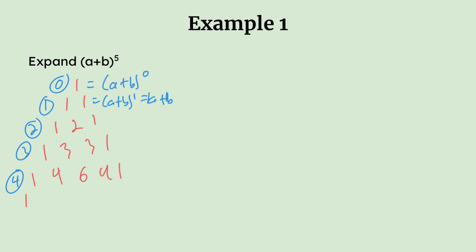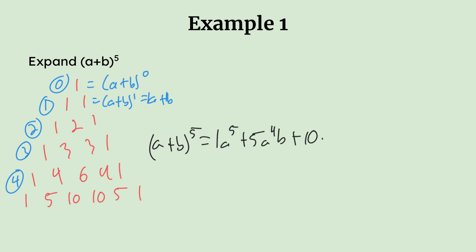So if we go one more, we got 1, 5, 10, 10, 5, 1. That would be the fifth row. So we would expect (a + b) to the fifth to be equal to 1a to the fifth plus 5a to the fourth b plus 10a to the third b squared plus 10a squared b to the third plus 5a to the 1 b to the 4 plus 1b to the fifth.